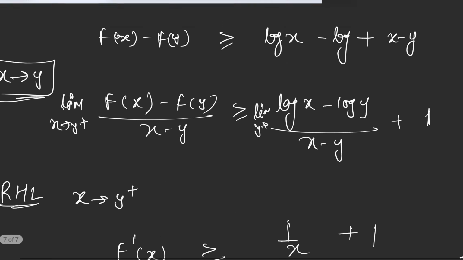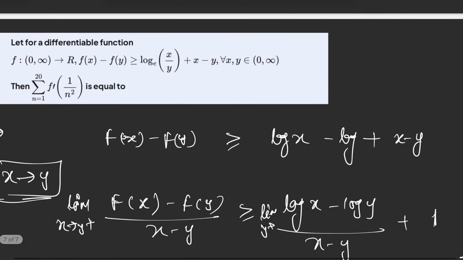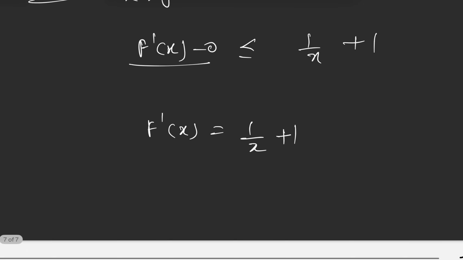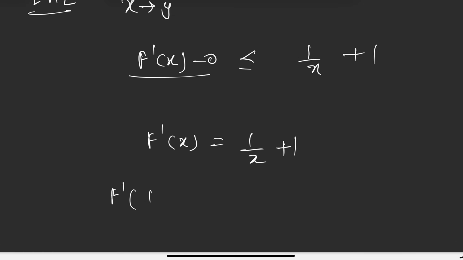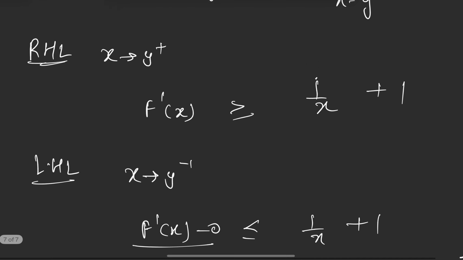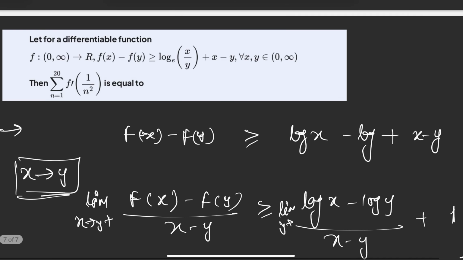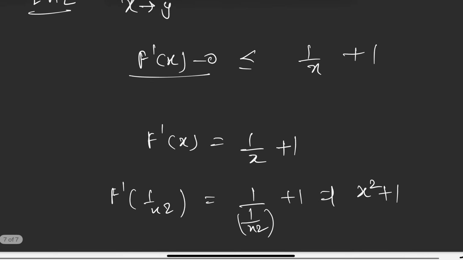Now what is the question asking? The question is asking f dash of 1 by n square, simple. So f dash of 1 by n square will be what? 1 by (1 by n square) plus 1, so that will be n square plus 1. Now you can find this from 1 to 20, very simple.